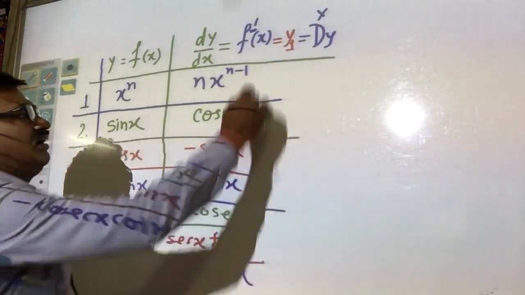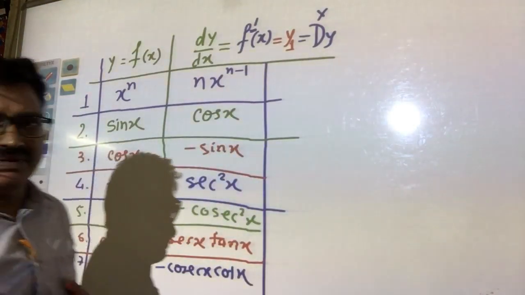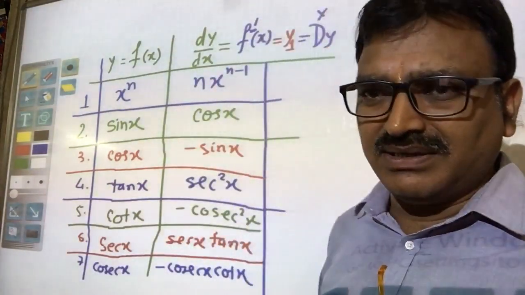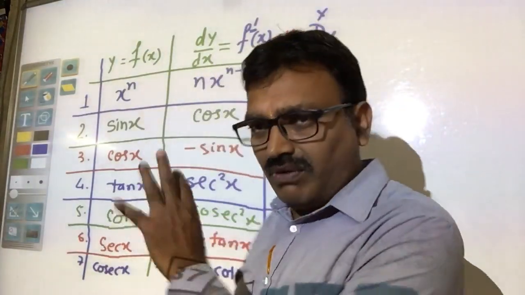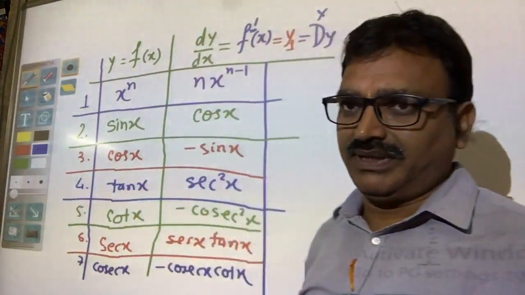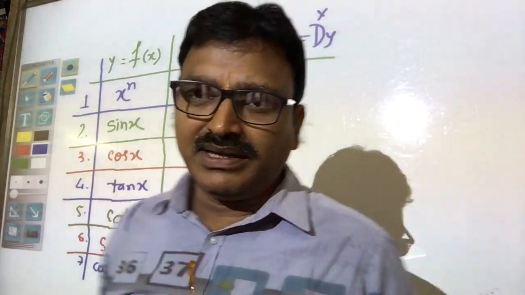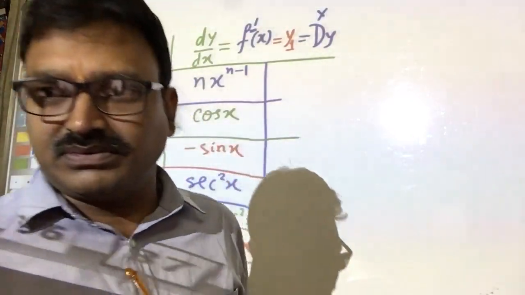So these formulas and many more we read in class 11, but these are the basic ones. These 7 formulas we already derived in class 11. So students, these formulas will be used directly in this session.